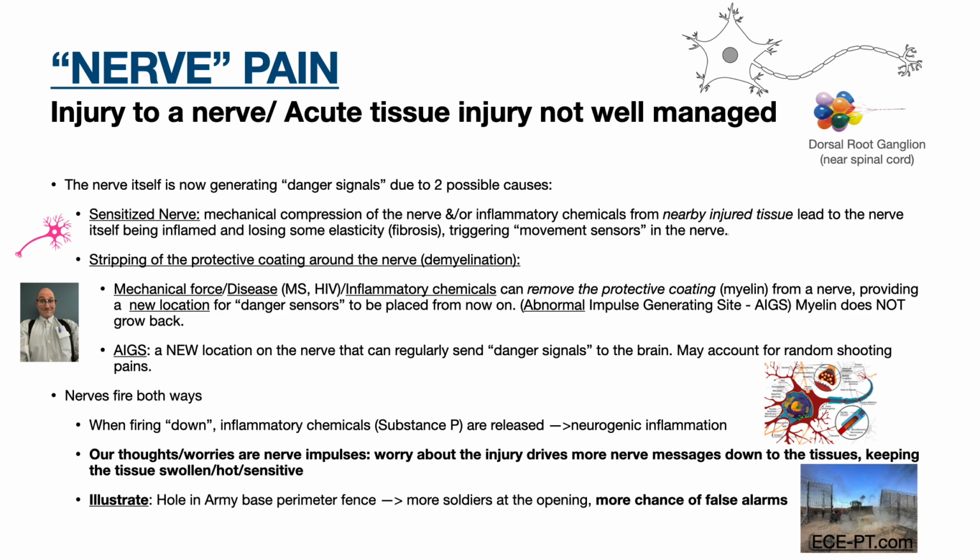So now there's more soldiers at the opening. But again, if there's been a threat, there's been a compromise to the perimeter of the army base, now there's more soldiers, but they're also on high alert. And so there's more chance of false alarms. So sometimes you're going to get a signal from the nerve, even though no true damage or injury was happening.